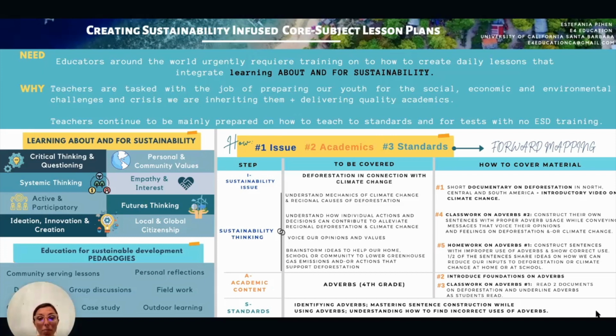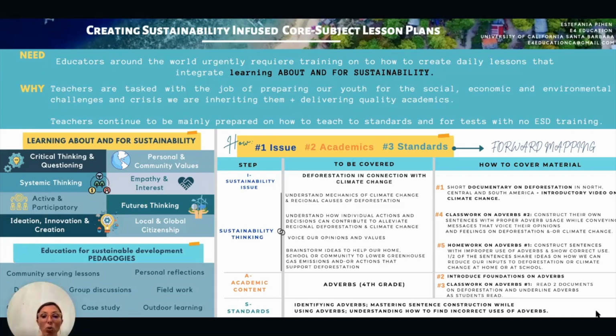So in this example, the first step that was chosen by the teacher was to show the students a very short documentary on deforestation, regional in North, Central, and South America, while at the same time, or afterwards, introducing a video on climate change, a very age-appropriate, very dynamic and easy to follow video that explained the different causes and the mechanics of climate change.